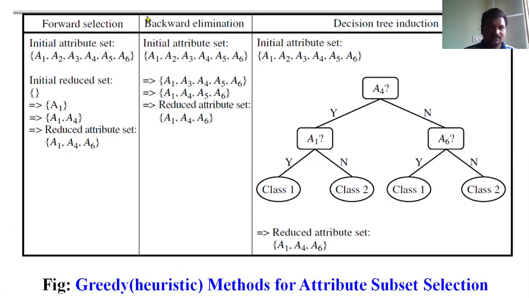This is forward subset selection. Initially you have 6 different attributes. The initial reduced set is always an empty set.